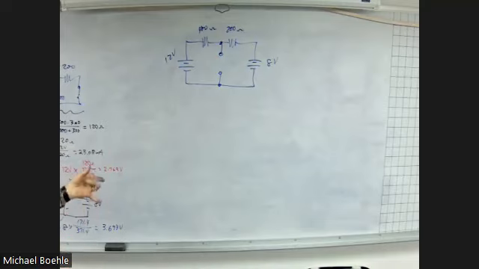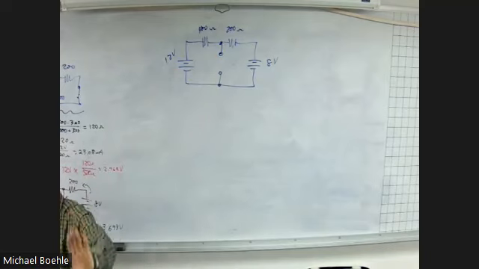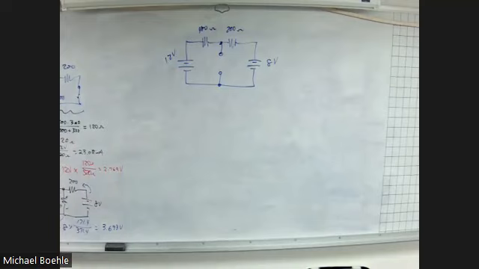Now, it's not too hard to do in this one, right? Because by removing this, what kind of circuit do I have? It's a series circuit, with a total resistance of 200 plus 400, 600 ohms. Is this series opposing or series aiding?